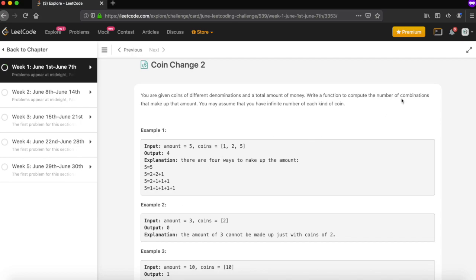If you see in the problem, it says we need to find different combinations, which means we need to explore different permutations of these coins. When permutations come up, the first thing that comes to mind is whether it is a dynamic programming problem or not, as we have different denominations and need to explore all the possibilities. Yes, it's a dynamic programming problem because the whole problem has different subproblems.